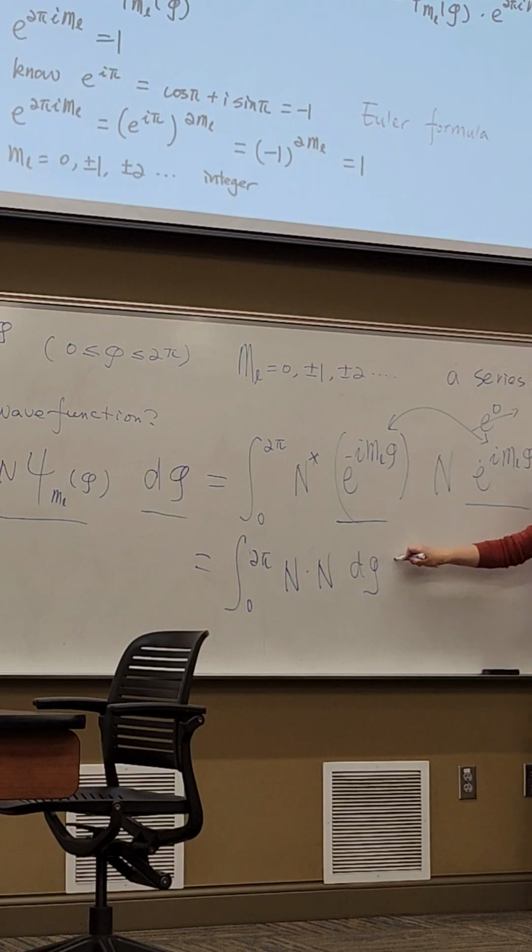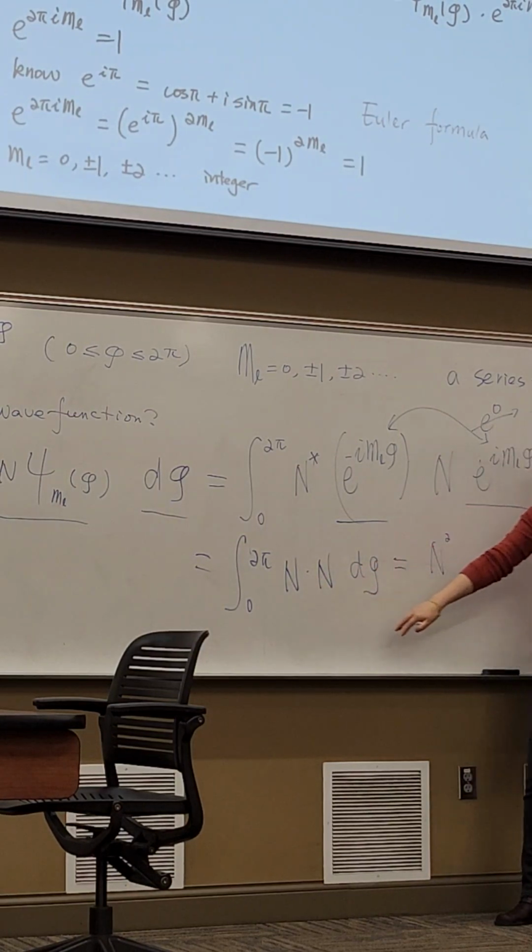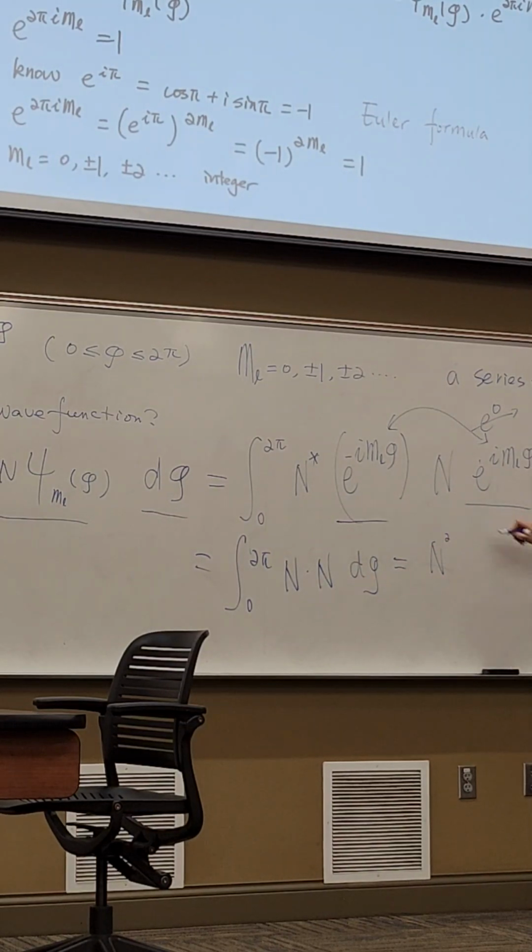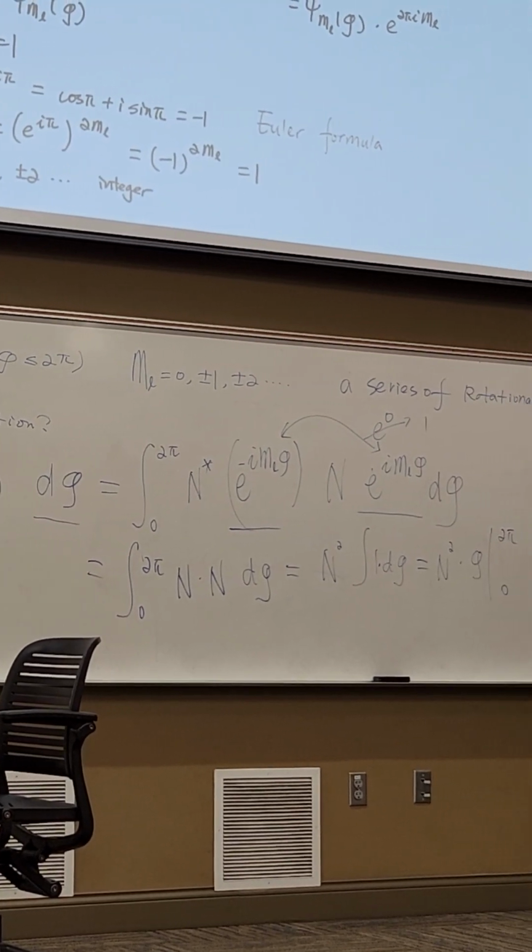So that will give you n squared. If you take the integral with respect to d phi, what do we have? Phi is your variable. You can think about this as really your 1 right here. So what do you have? Just phi, right? Then this equals n squared times phi, evaluated from 0 to 2 pi.